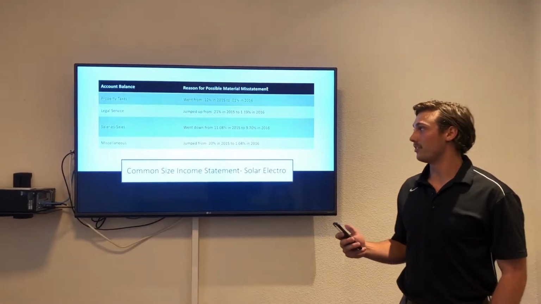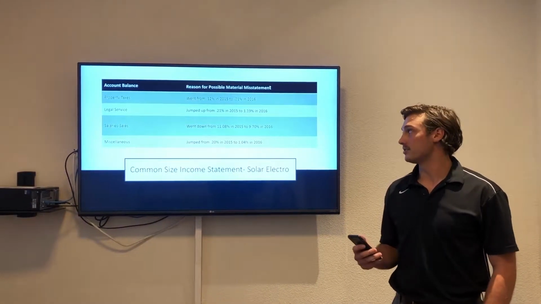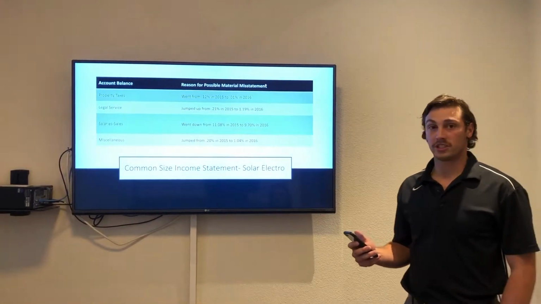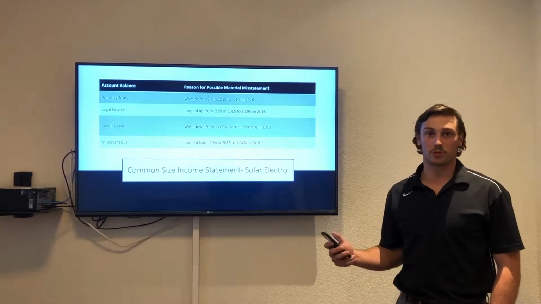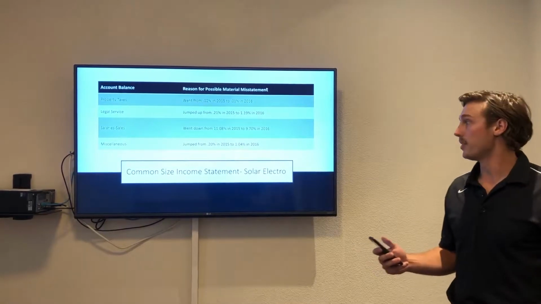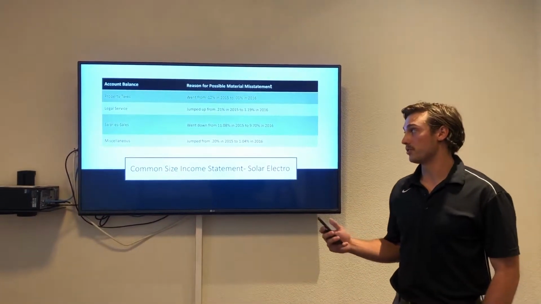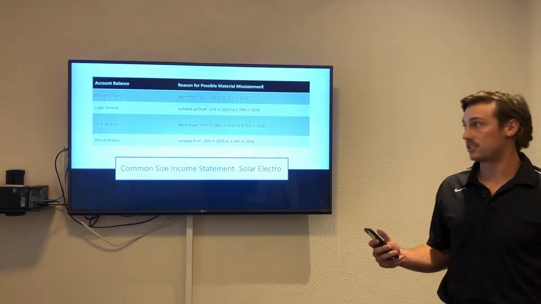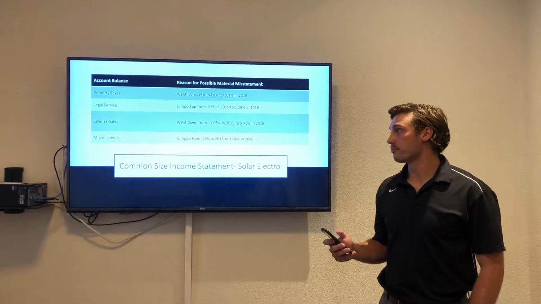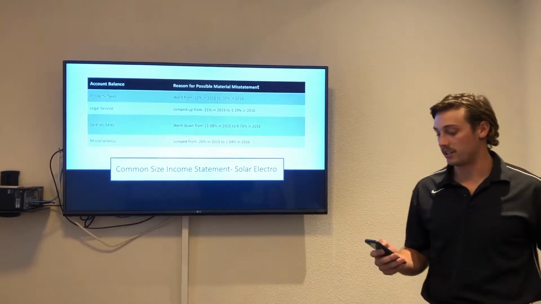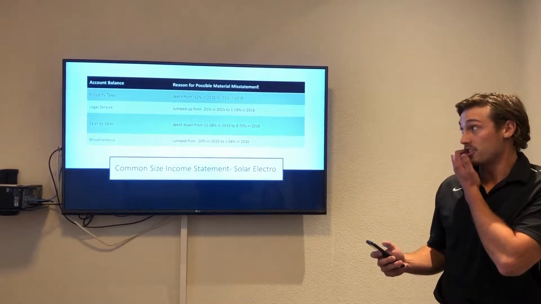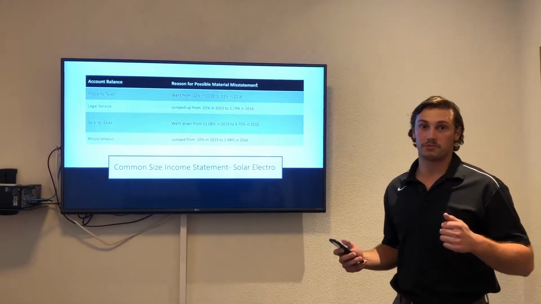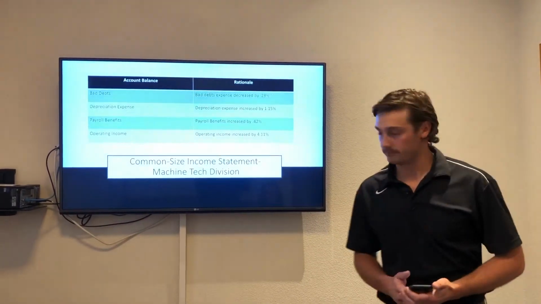Salaries and sales went down from 11.08 in 2015 to 9.7 in 2016, which then leads back to cutting employees or cutting the amount we're paying them. And then we have miscellaneous jumping from 0.2 in 2015 to 1.04 in 2016, which is kind of problematic because a $200,000 jump in the miscellaneous account could be due to fraud or just bad reporting.